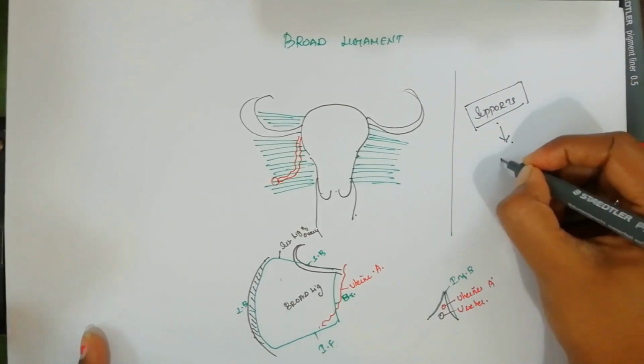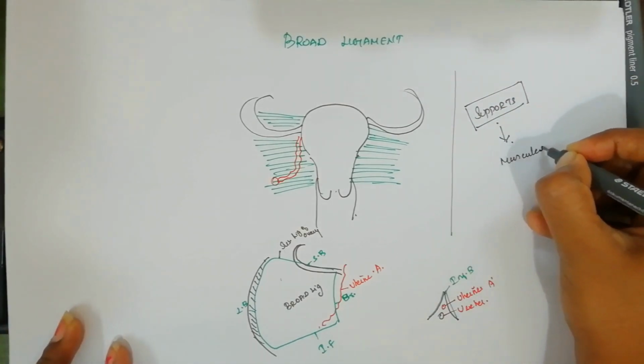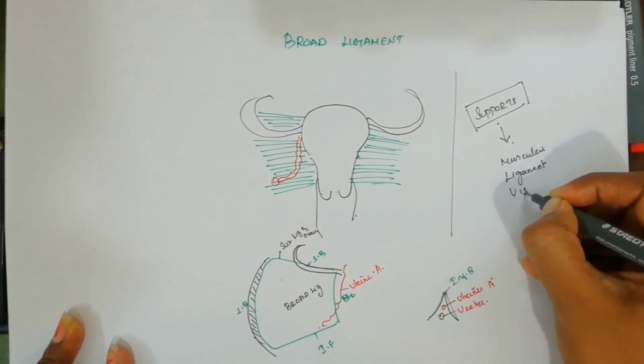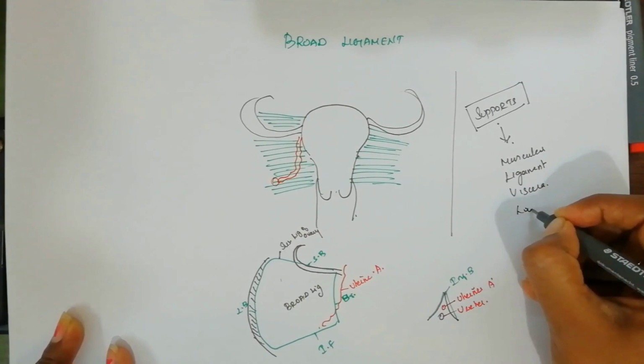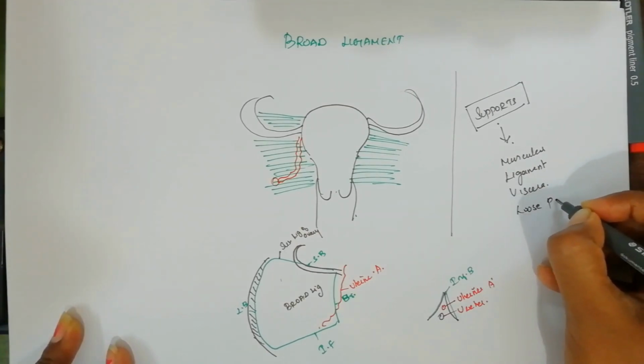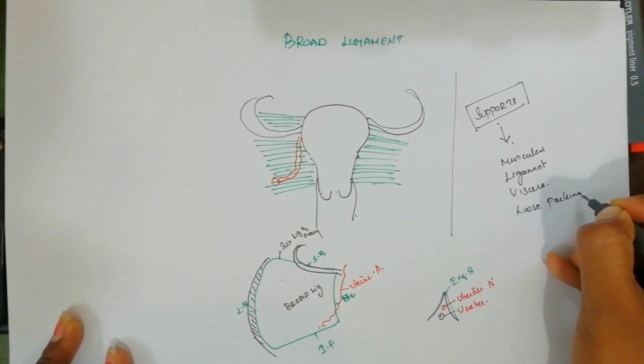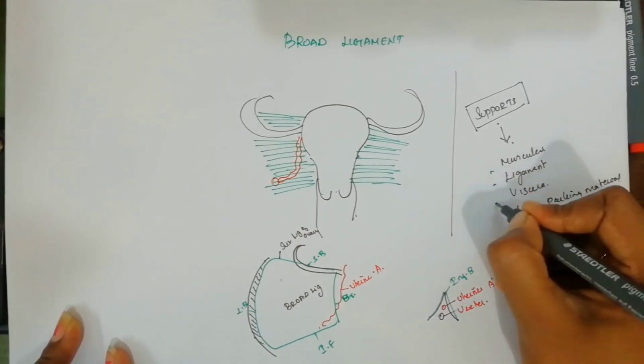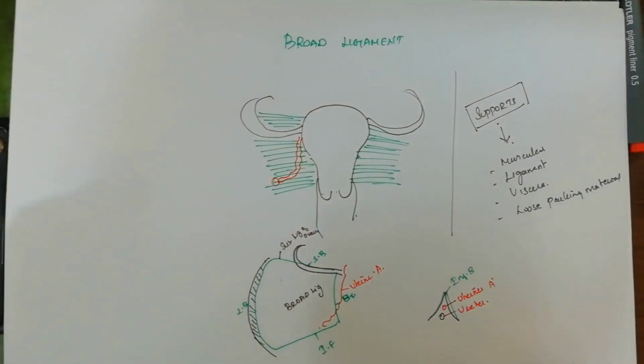The supports are muscular, ligamentous, viscera, and loose packing material. So these are the 4 things necessary for supporting the uterus in proper position.